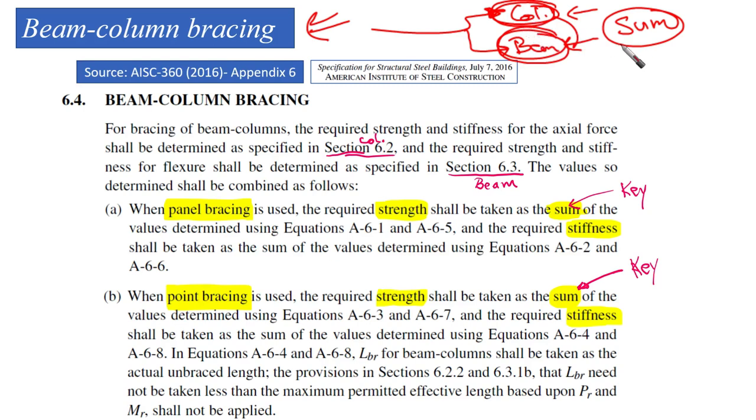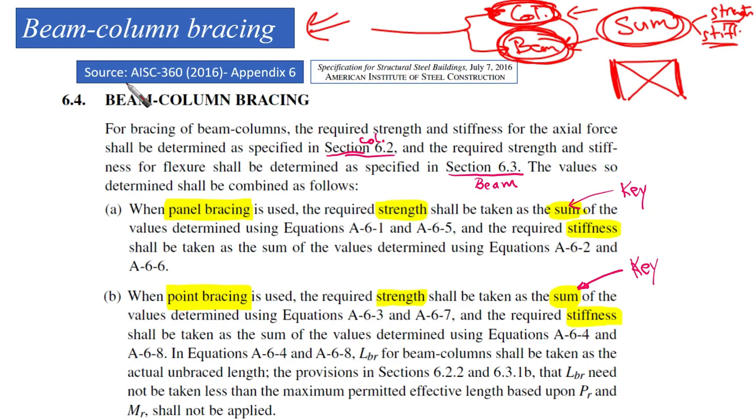If we are going to design the stability bracing for a beam column, for example, if we assume that this is a beam column here, then we're going to bring the requirements for column stability bracing and the requirements for beam stability bracing, and we are going to sum them up, whether for strength, as we're going to see in a minute, or for stiffness. We're going to sum them up. That's the issue here.